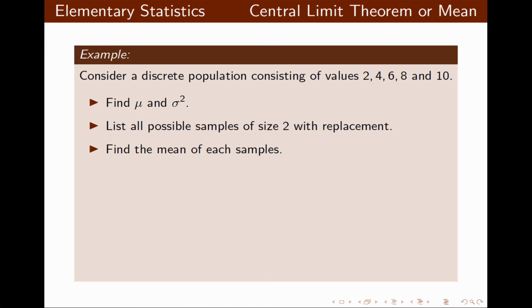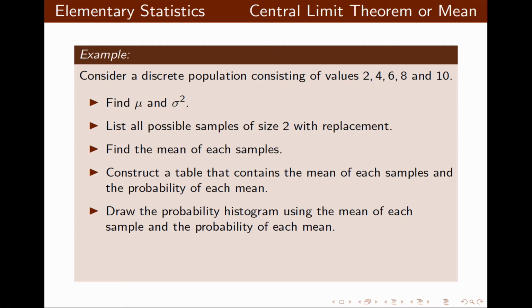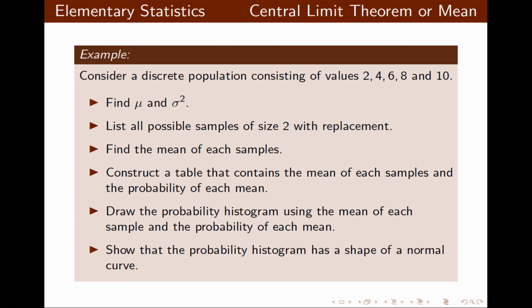Then we're going to find the mean for each sample. We're going to construct a table that contains the mean and the probability of each mean. We're going to draw a probability distribution histogram using the mean and the probability of the means. And we're going to show that the probability histogram has the shape of a normal curve.